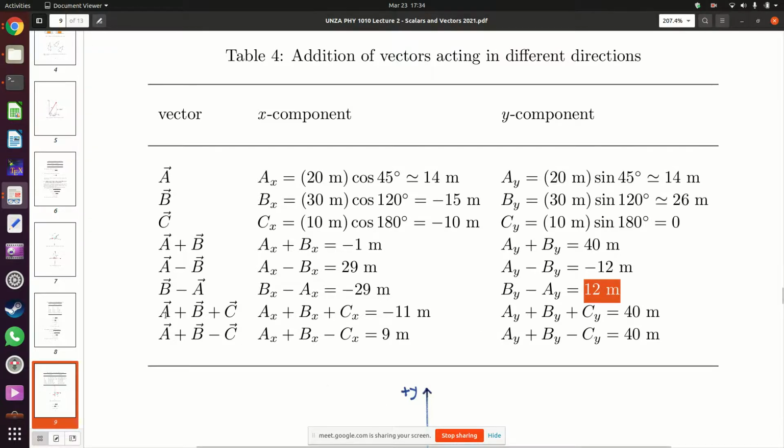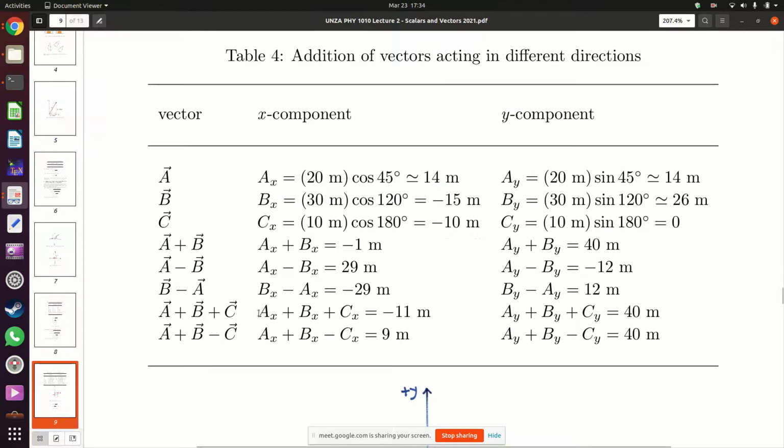Then you have this one, a plus b plus c. We want to find out how much this is along the x-axis and how much it is along the y-axis. So we are going to add the components ax plus bx plus cx. Ax is 14 meters, bx is minus 15 meters, cx is minus 10 meters.